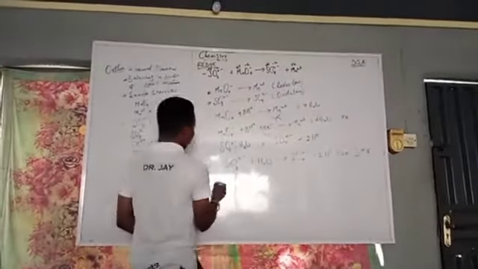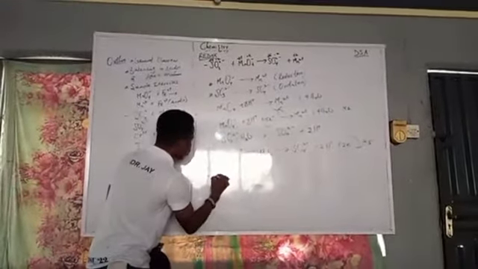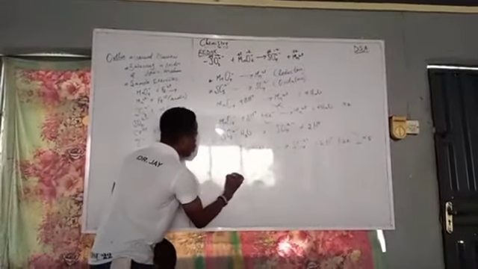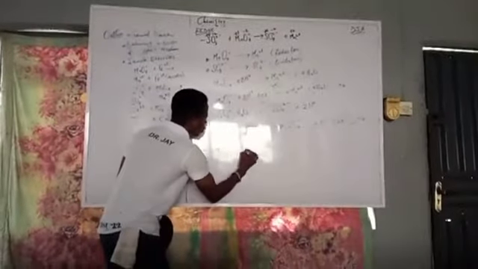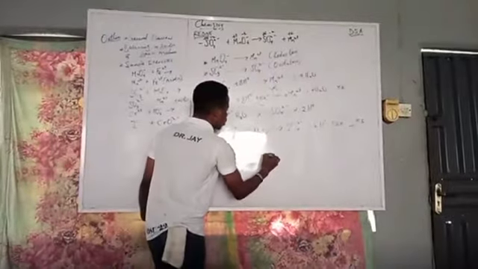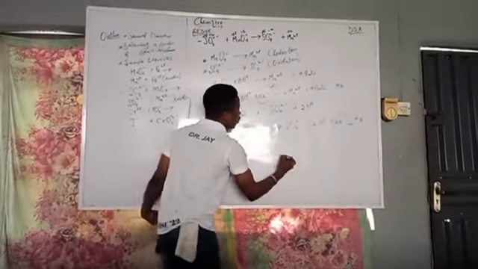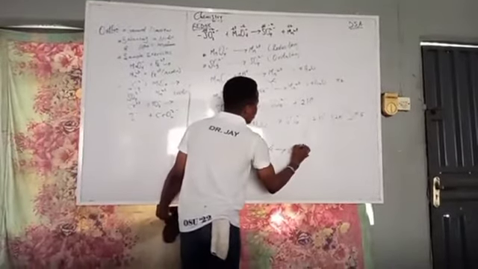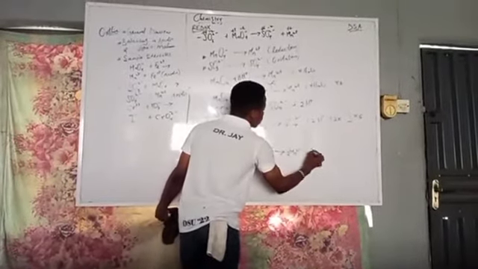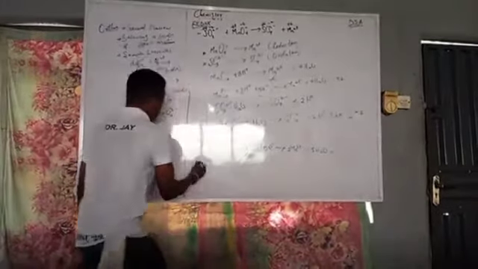So that is going to be for the reduction side, I'm going to have 2 MnO4 minus plus 16H plus 10 electrons give us 2 Mn2 plus 8 H2O. This is balanced for the reduction.